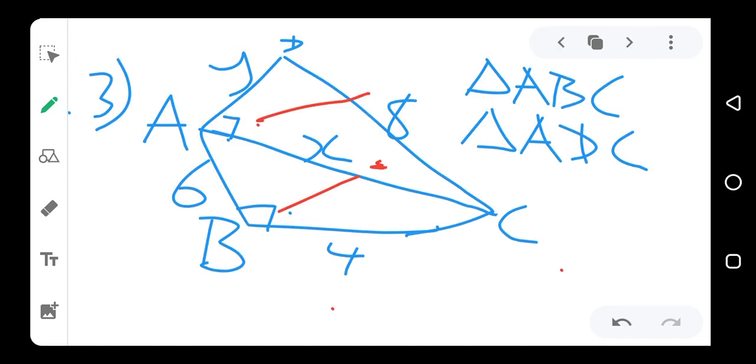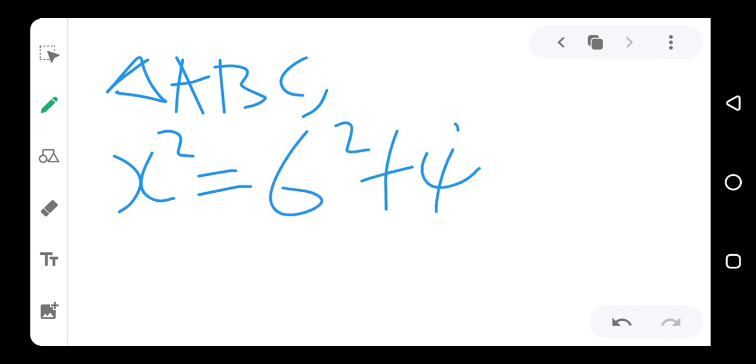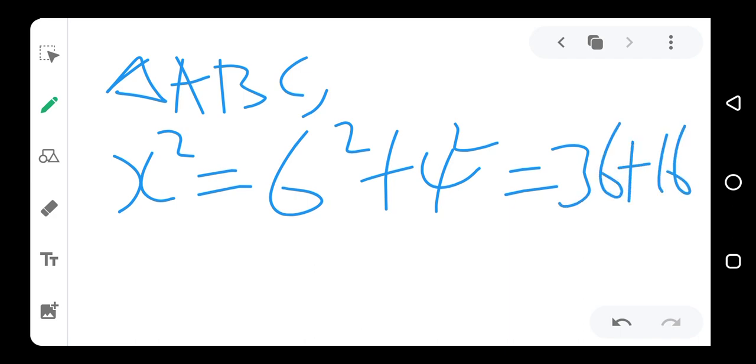Now for triangle ABC, the hypotenuse, x squared, is equal to 4 squared plus 6 squared. So x squared is equal to 6 squared plus 4 squared, which is 36 plus 16, and that will give us x squared is equal to 52.